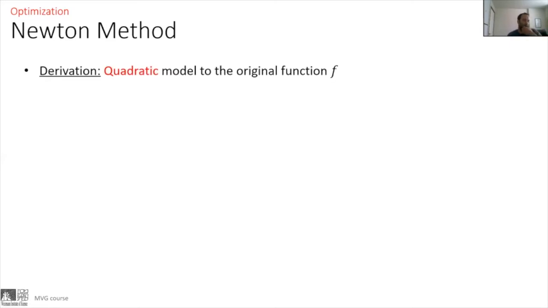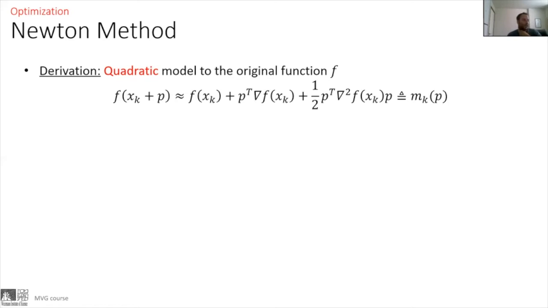So we'll begin with the Newton method, which, as I mentioned, is a second order method. By second order, it means that we take the Taylor approximation up to second order.